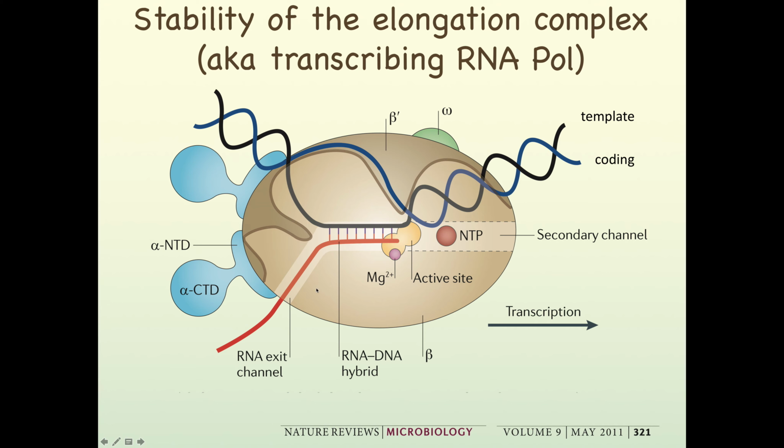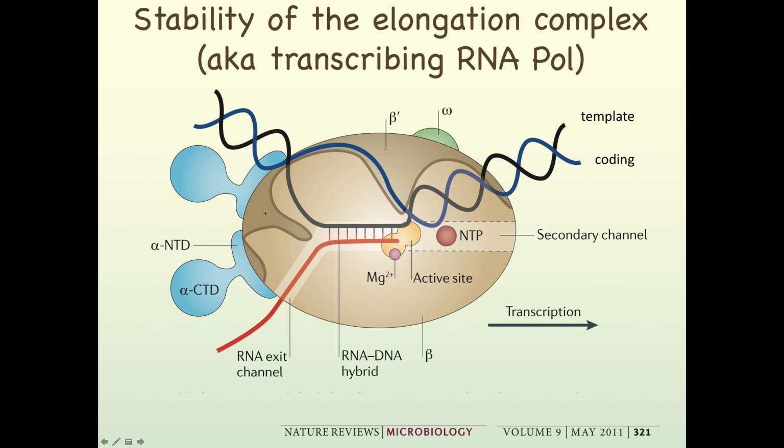The brown subunits form what looks like a clamshell, and there are channels in the RNA polymerase. There's one channel, called a secondary channel, through which triphosphate RNA nucleotides come in and act as substrate for the RNA polymerase and are added one by one onto the RNA chain. And there's also an exit channel through which the newly synthesized RNA chain exits the complex.